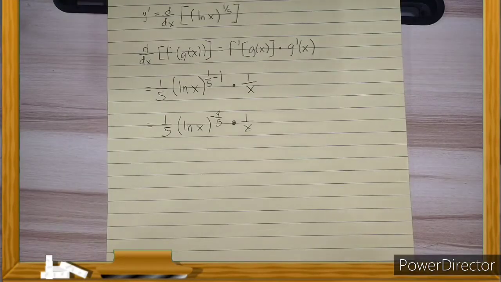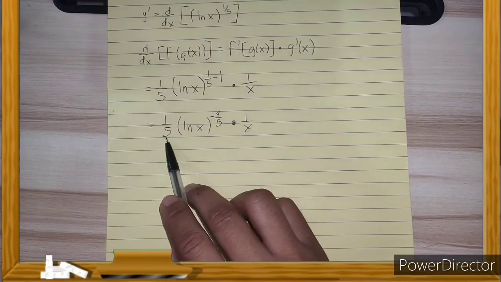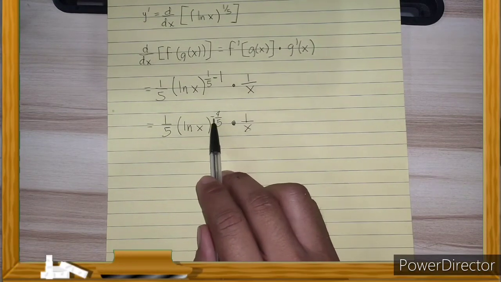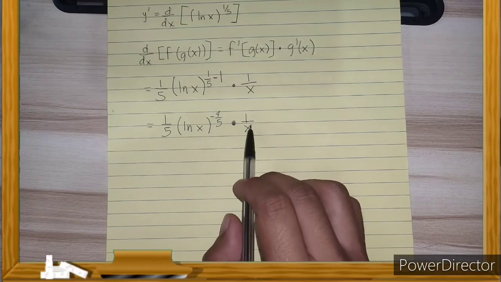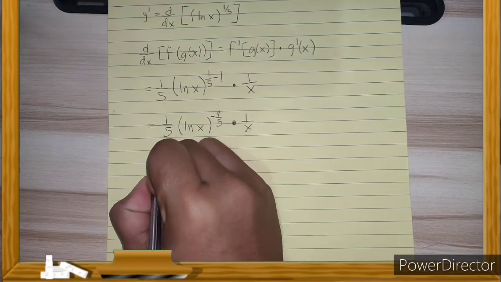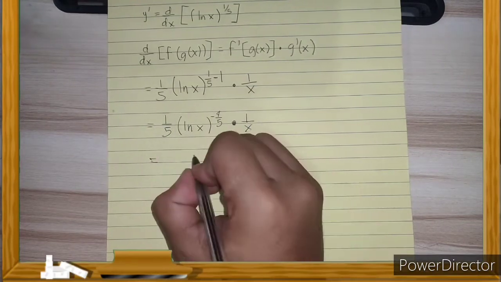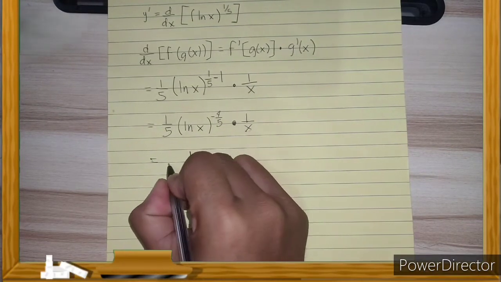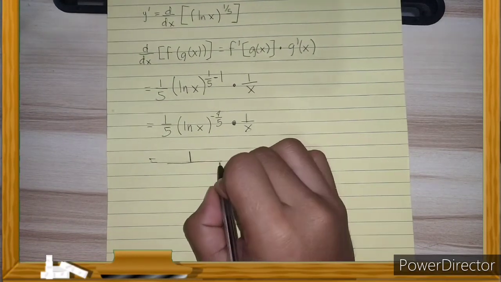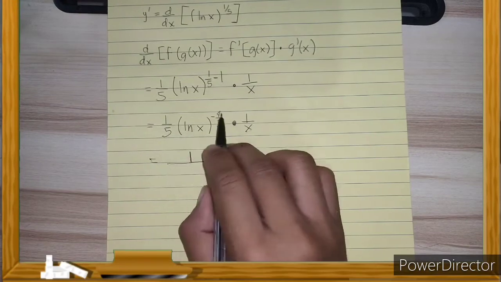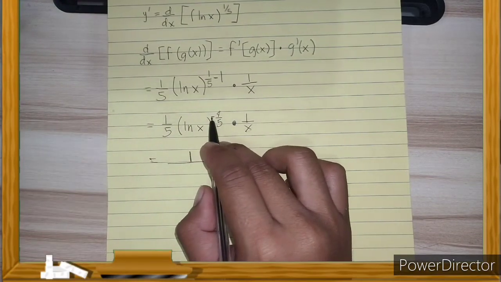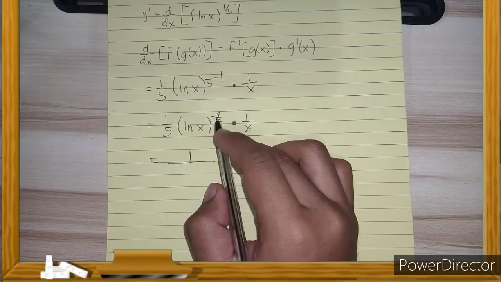So next, we need to multiply 1/5 of ln x raised to negative 4 over 5 to 1 over x. So it will be equal to, just copy the 1 as our numerator, and then get the reciprocal of this because its exponent is negative.